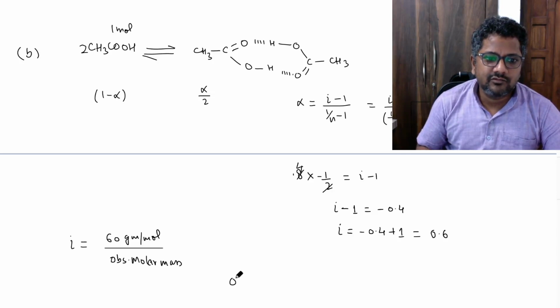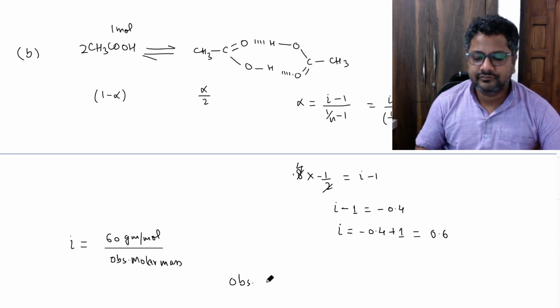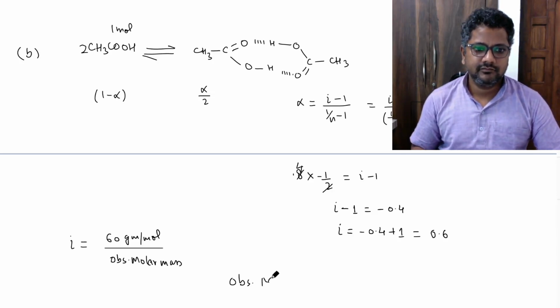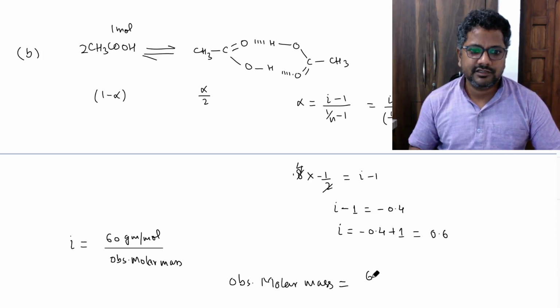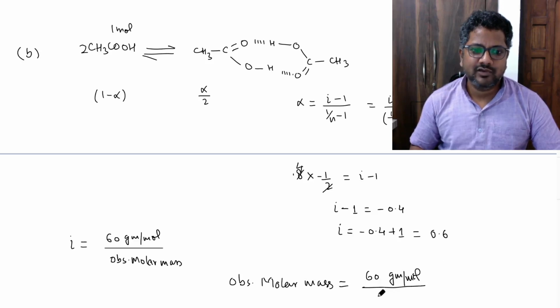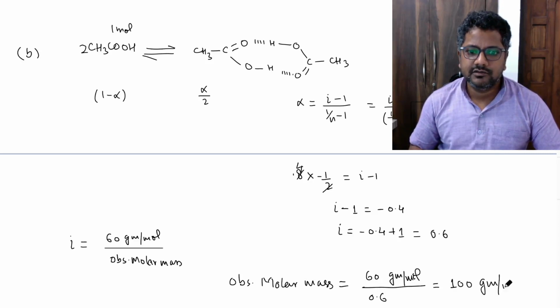So observed molar mass is equal to 60 grams per mole divided by 0.6. So this is equal to 100 grams per mole. This is the answer.